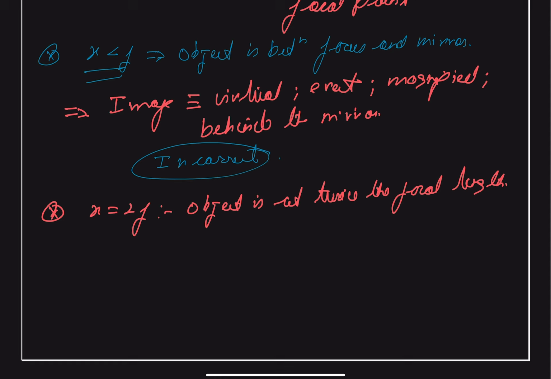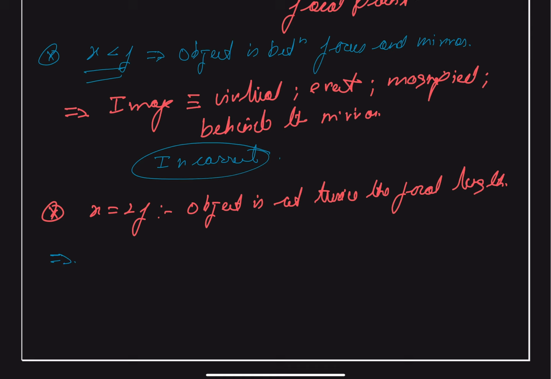In this case, the object and the image are going to coincide with each other and both will be at 2f distance from the mirror. And there is another thing mentioned in the question, that the eye of the observer is shifted from one side to the other side. But in this case, there will be no lateral shift when the eye is moved from one side to the other. So the image will appear stationary with respect to the object.